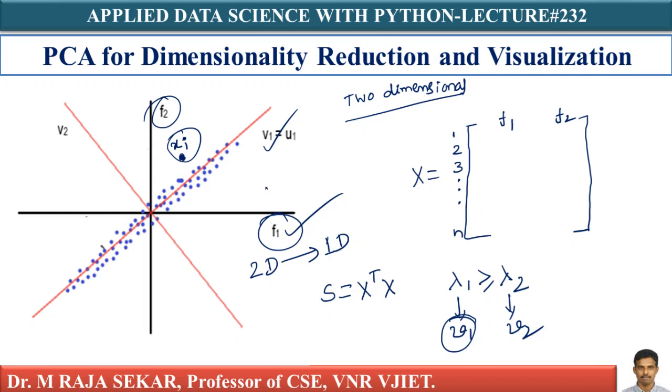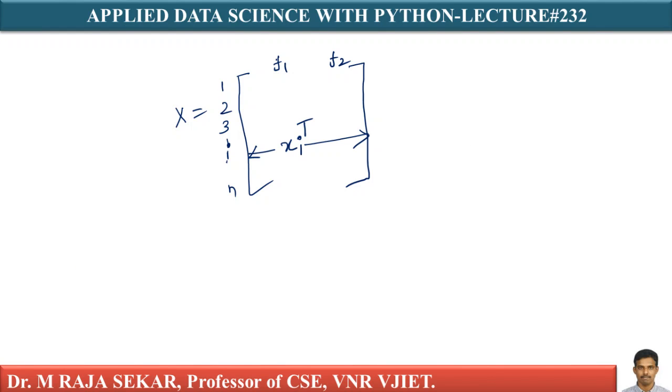So what do I do? I create a new data set, capital X dash, which is only one dimensional, and that dimension is V1. Let me convert this capital X into capital X dash, which is a one-dimensional vector, and that dimension is V1.